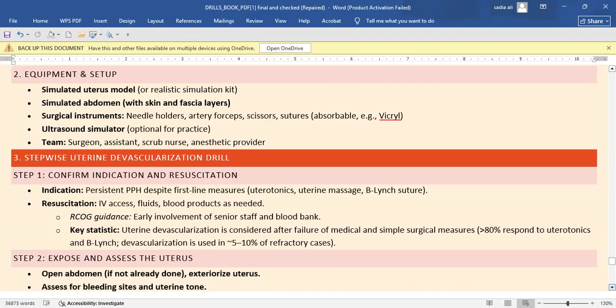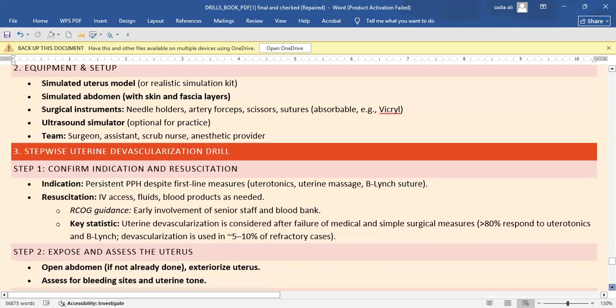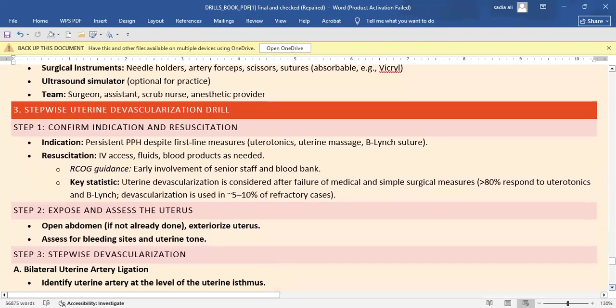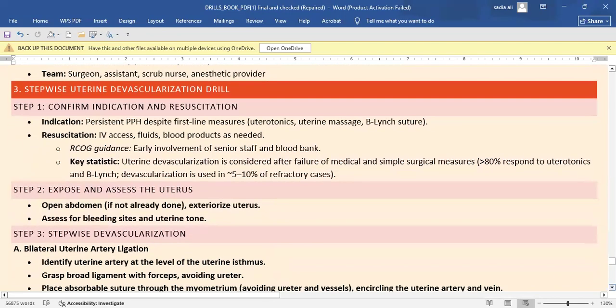Once we recognize the uterus and the uterine artery, we have to palpate that, and we take the suture, straight with a needle, bilateral, and then we have to ligate the uterine artery.